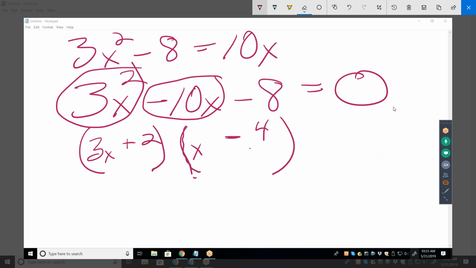So now, if that's equal to 0, then what is true? Then both of them must equal 0, or one of them at least. In a typical quadratic, both of them are always set to 0, and you always end up with 2 answers.